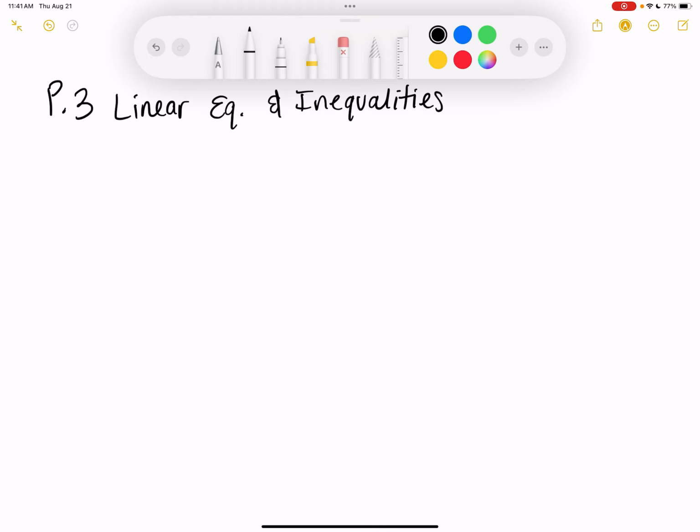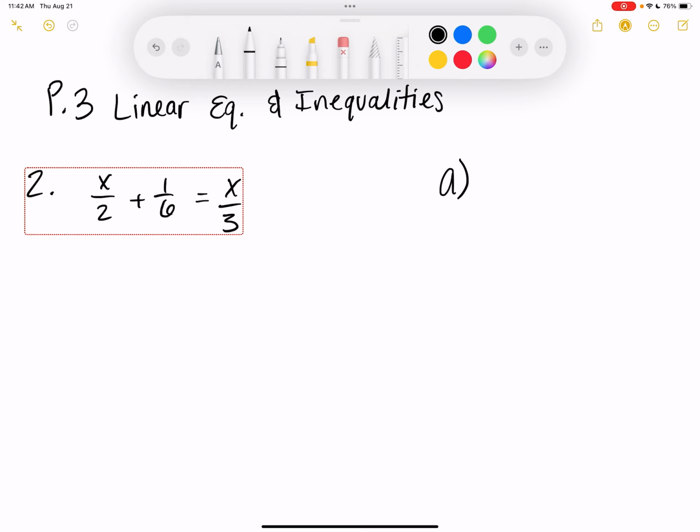Okay, find which values of x are solutions to the equation. So they give us a problem, x over 2 plus 1/6 equals x over 3. And then they give us 3 answer options. A is x equals -1, B is x equals 0, and C is x equals 1.